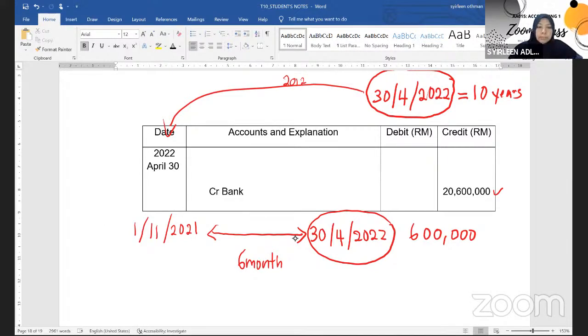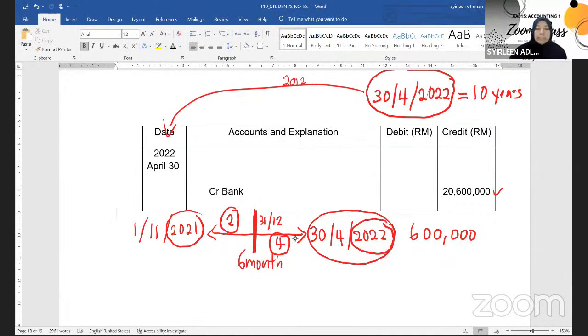Okay? So when it is running in the middle, the timeline here, it has a closing date, which is on the 31st of December. Okay, so that means out of that 6-month period of interest, 2 months are in the year 2021 and 4 months are in the year 2022.